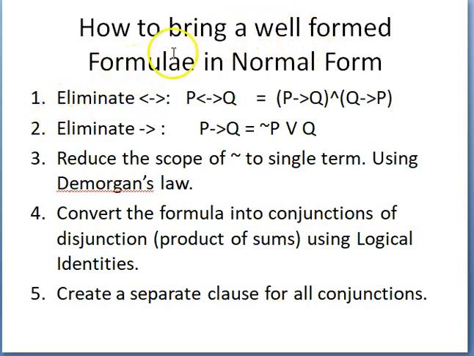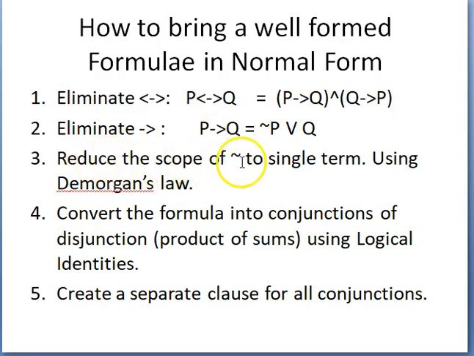In order to bring the well-formed formula into the conjunctive normal form, first of all we will eliminate the double imply. How to eliminate the double imply? By replacing it with a simple imply and the simple imply in the reverse direction. Then we eliminate the implication by using the negation of P or Q method.